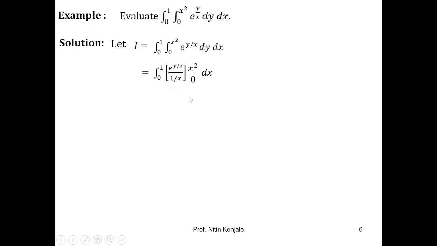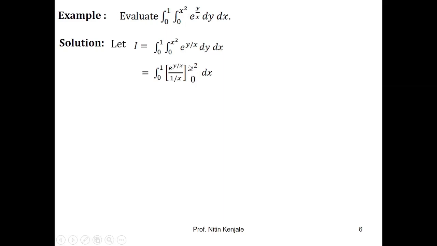So let's evaluate integral of e raised to y by x first with respect to y. When we integrate it with respect to y, we have to keep x terms constant. So 1 by x is constant. So integration of e raised to y by x is e raised to y by x over 1 by x over the limit 0 to x square. Since we have evaluated this inside integral with respect to y, we have to substitute these limits in y.